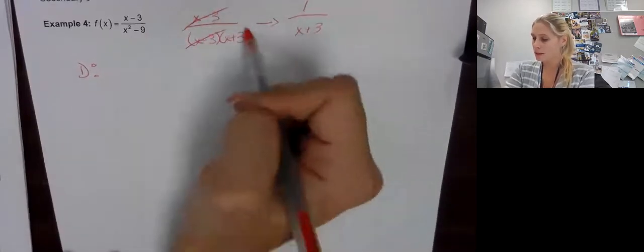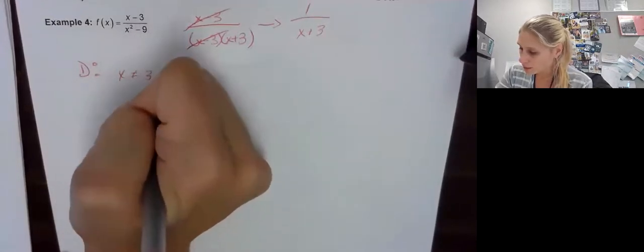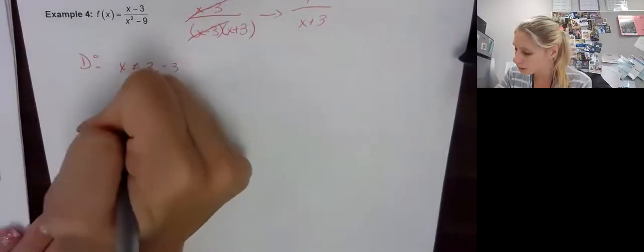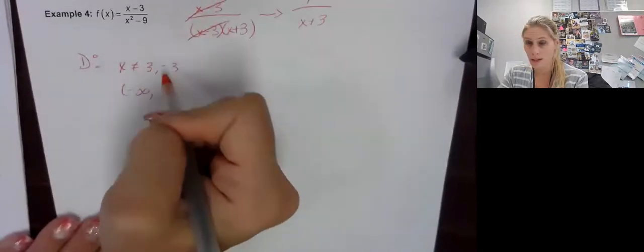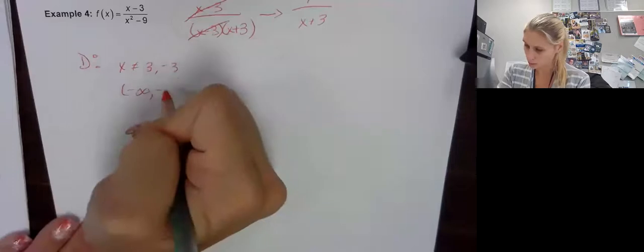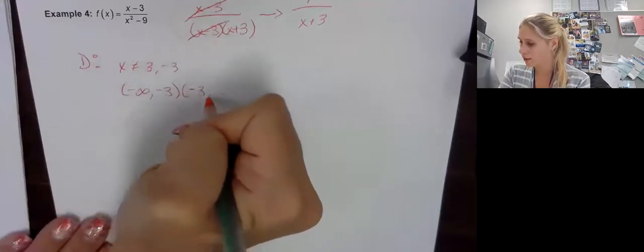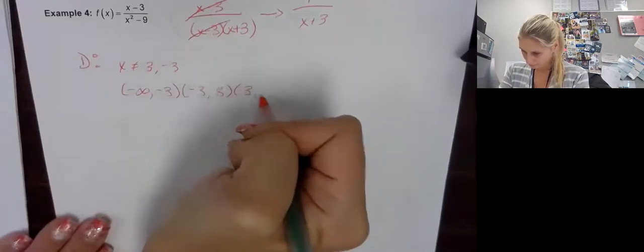So focus on this one. x will not be able to be 3 or negative 3. So when we put that in interval notation, we have negative infinity. Now be careful because I wrote it in a different order here. So remember, negative infinity to the smallest one, and then we continue. So negative 3 to 3 and 3 to infinity.